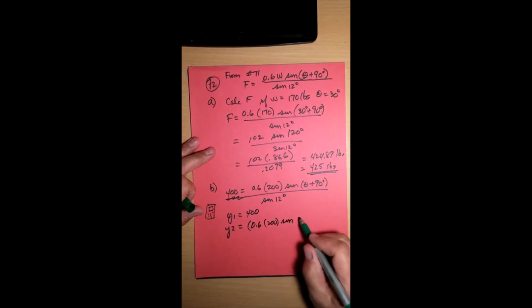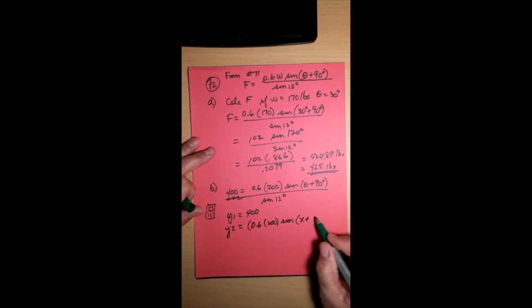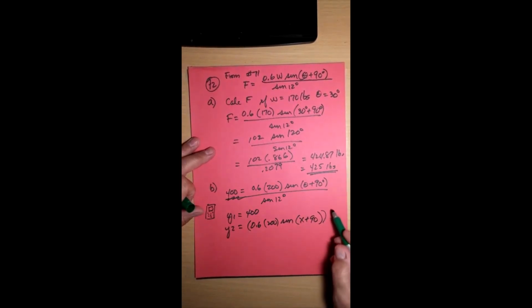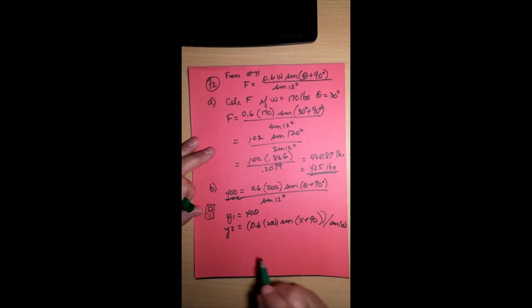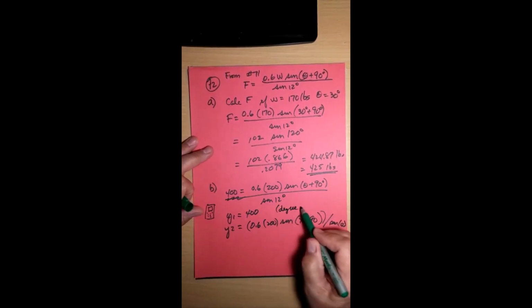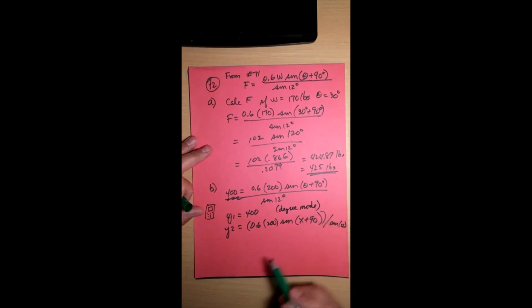The sine, you can't use theta, you'll use x plus 90. Close this, you have to open and close this because it's the numerator divided by the sine of 12 degrees. You don't put the degrees, just 12. Make sure you're in degree mode. Press the mode button, make sure it says degree.